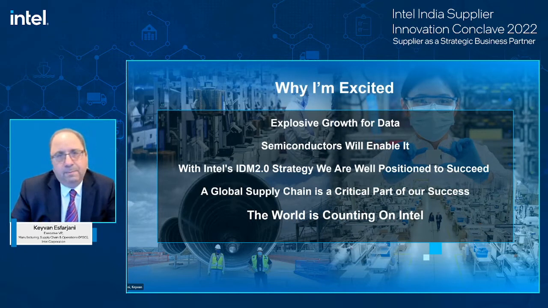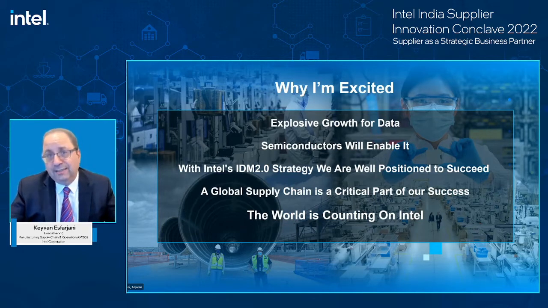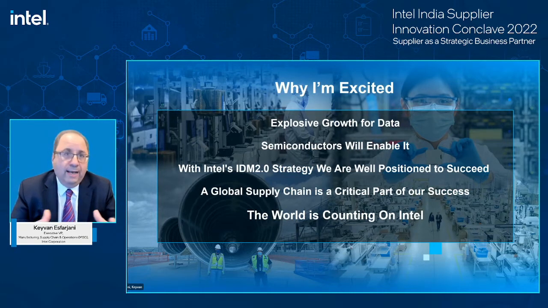That is unstoppable. And in order to do that, having a global supply chain is a critical part of our success. A place like India has a very large market and a large ecosystem, especially in areas of focus such as automotive and mobile. We all have a job to do, and we're absolutely committed to continue supporting our plans there.